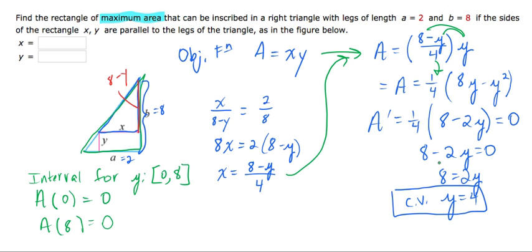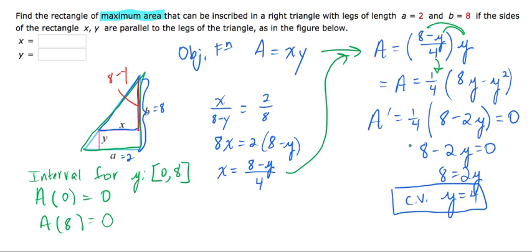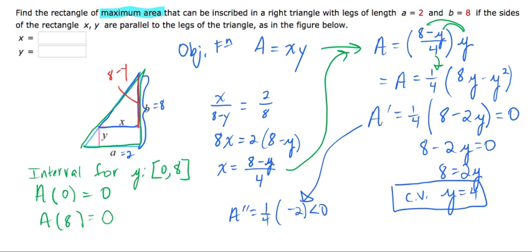We can check to make sure that the area is a max by using either the second derivative test or by finding the area when y is 4. I'm going to check with the second derivative test. The second derivative would be a fourth times the derivative of negative 2y, which is negative. So the second derivative of A is negative.